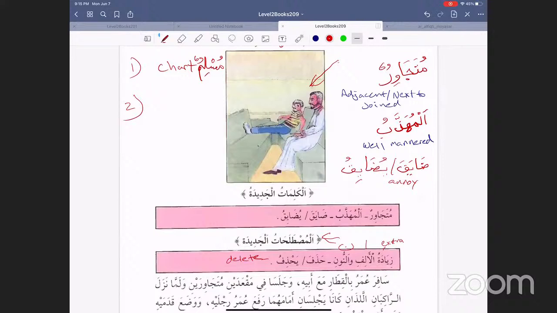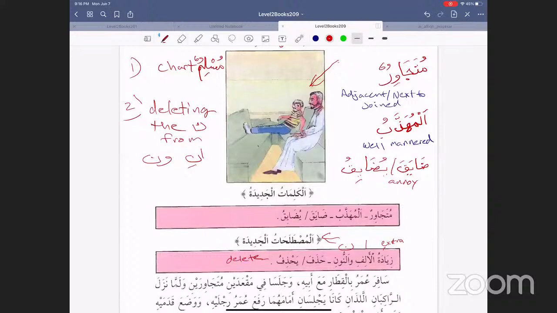Earlier I taught this class also, but I used it a little bit differently. But here we'll add a little bit. We'll say deleting the noon from ani and una, and also aini and ina. Okay, so deleting the noon.